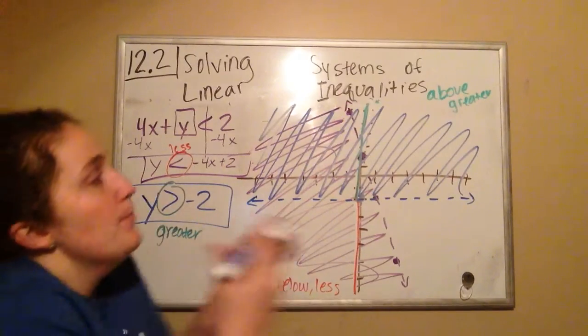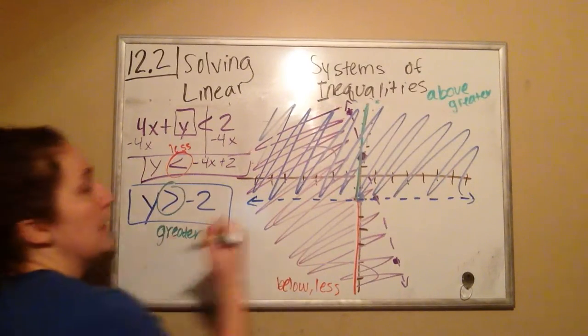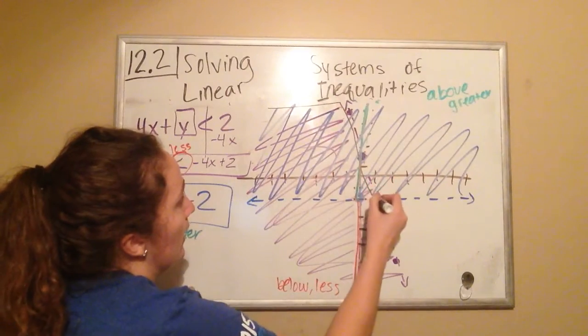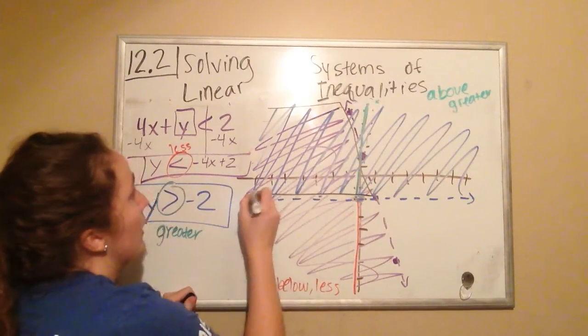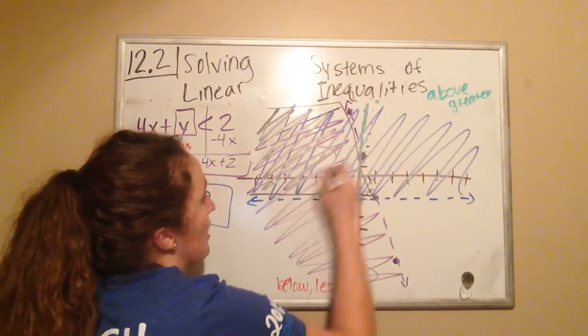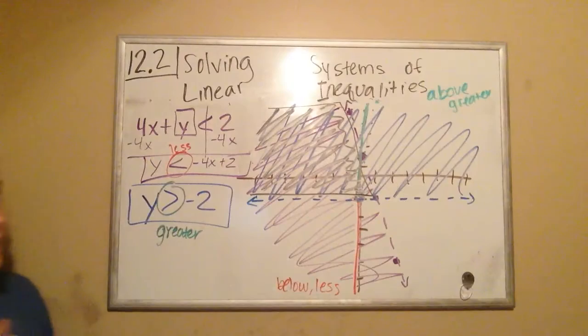So the purple and the blue are both shaded in that region. So in this particular instance, this area right here, this area is the solutions to this system of linear inequalities.